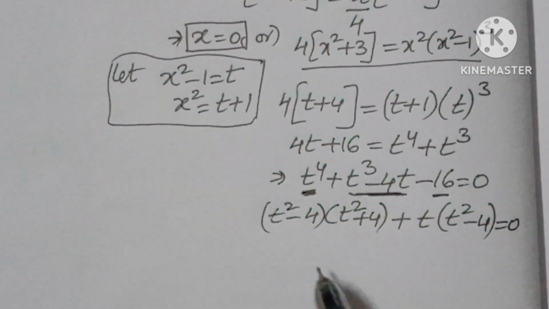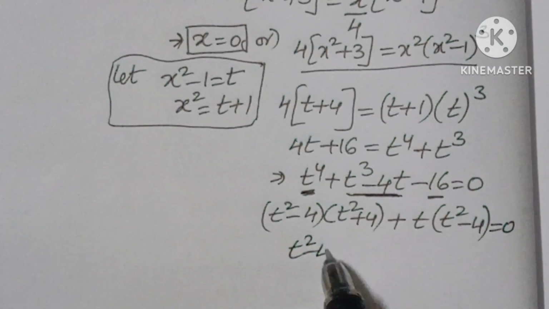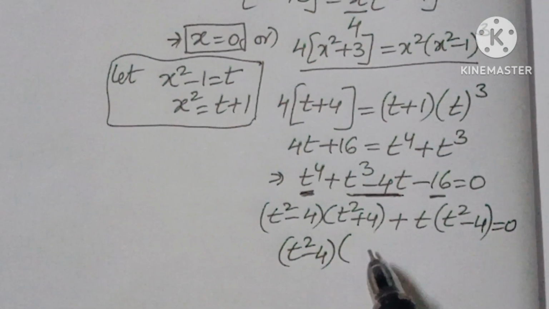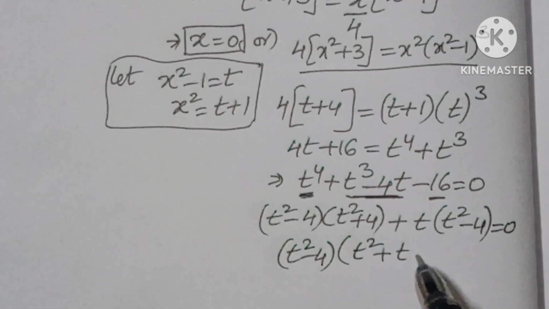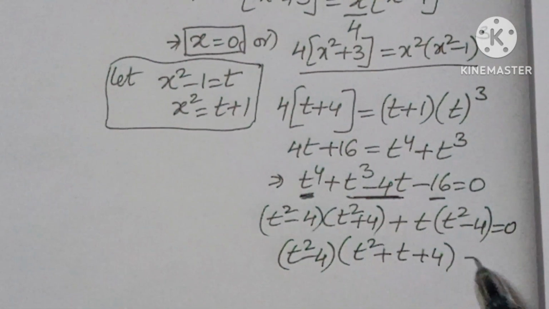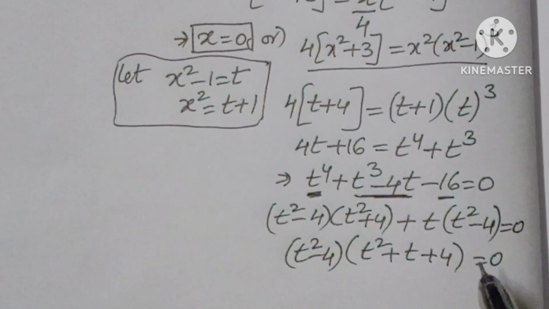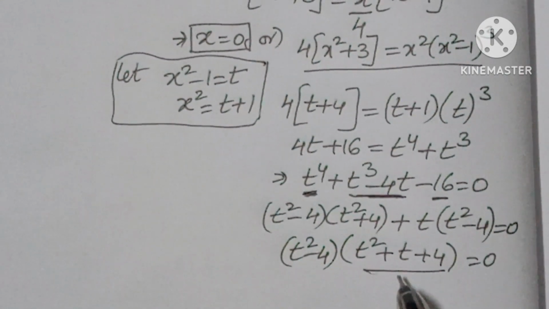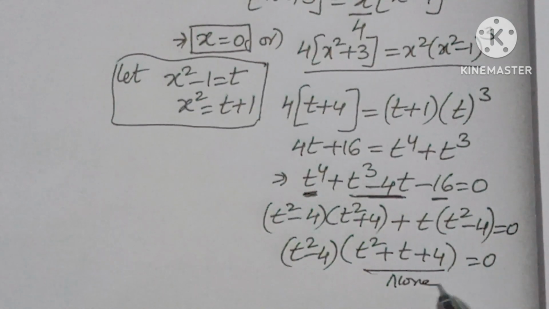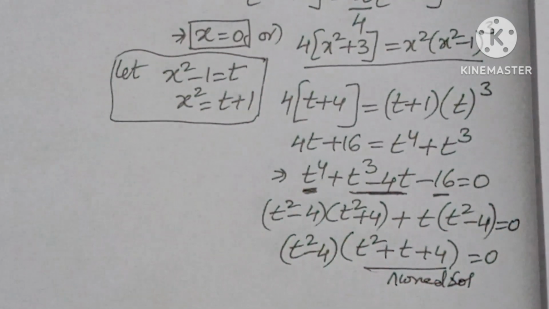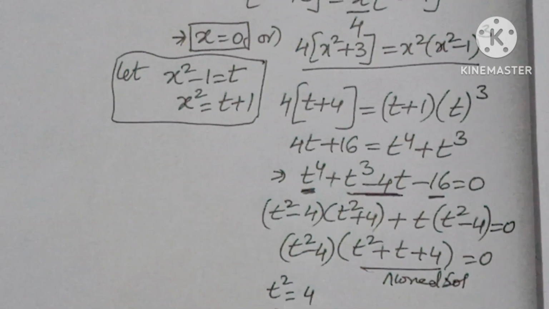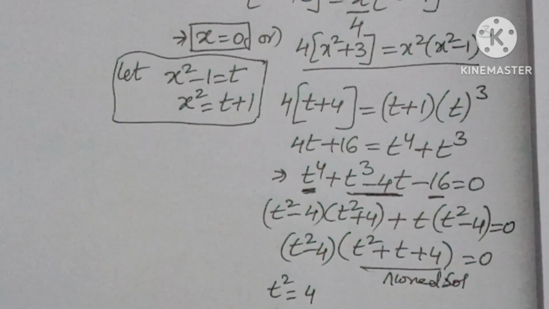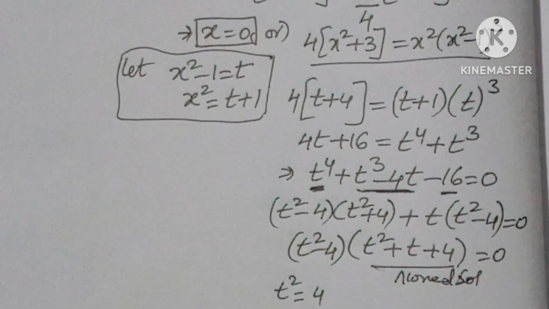From this you can take t squared minus 4 common: (t squared minus 4)(t squared plus t plus 4) equal to 0. So here you won't get real solutions from the second factor. So take the first one, t squared is equal to 4, t is equal to plus or minus 2.